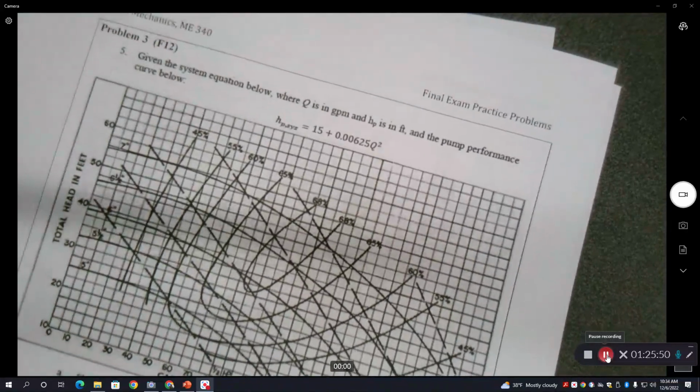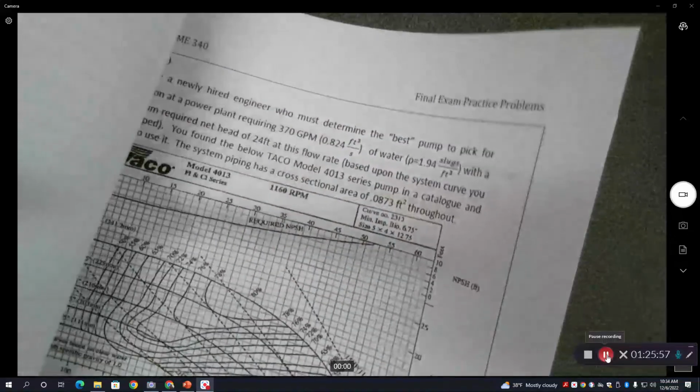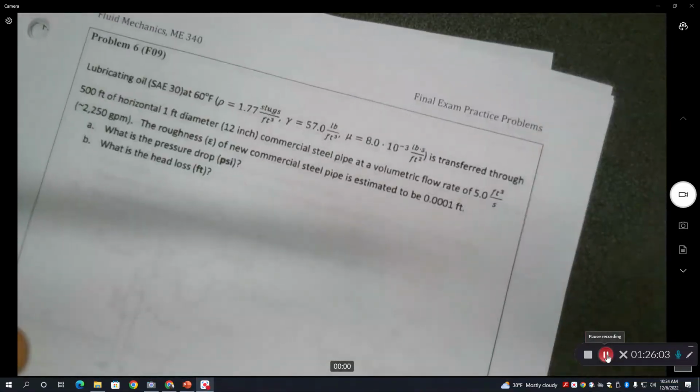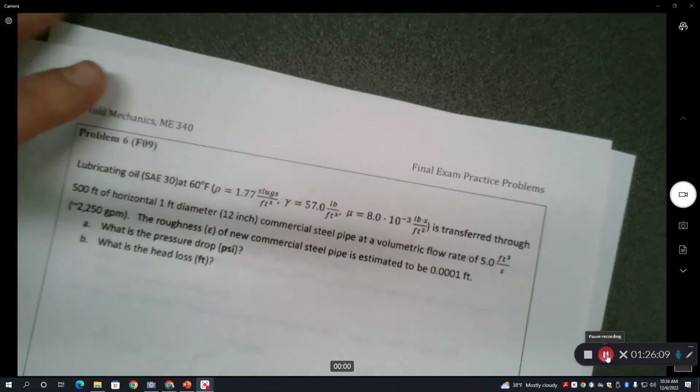How are we doing on time? 45 minutes. What else do you want to do? Let's see, name a type of problem. These problems are not the only problems that would be asked, right? I would recommend going back over your homework as well.